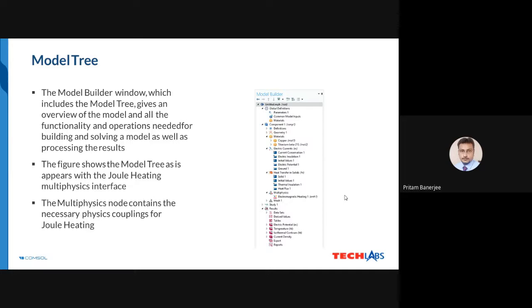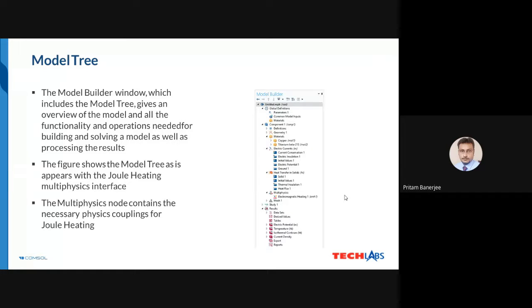Then the structure of our design, that means the geometry, how we have created our CAD model, then the materials we have added to our geometry, then what type of physics we have added, then what studies we have added, then how we have done the mesh. Then we go for the simulation, and after simulation we get the results, all the possible results that we have provided for the study. All those step-by-step details are also available.